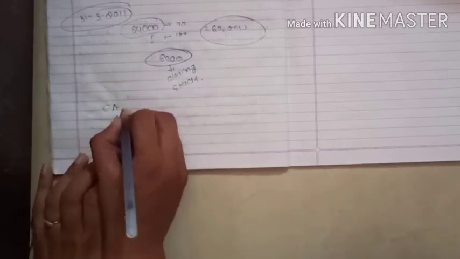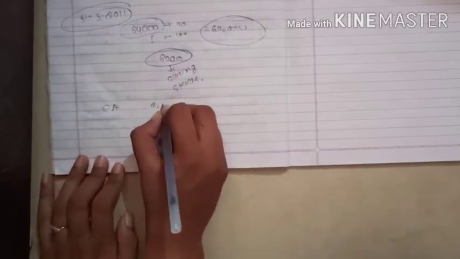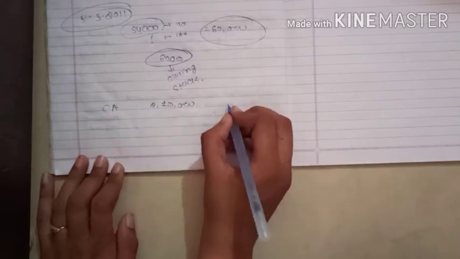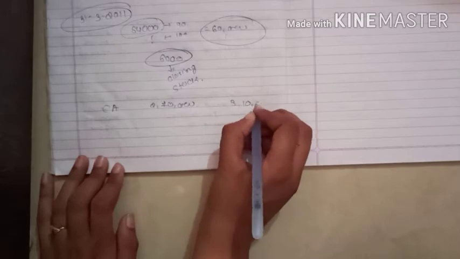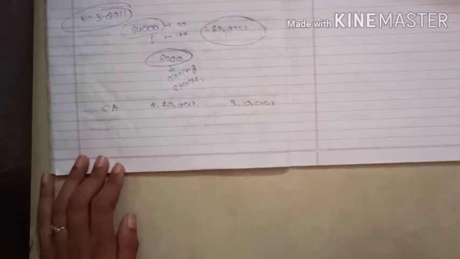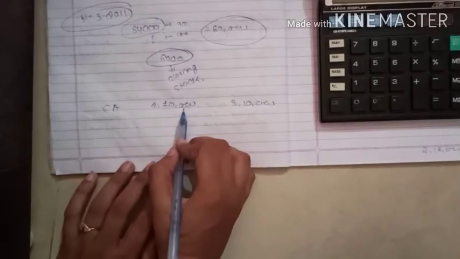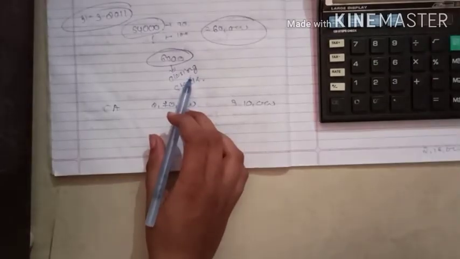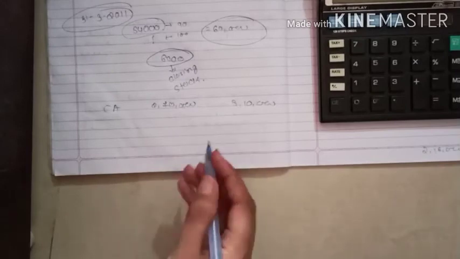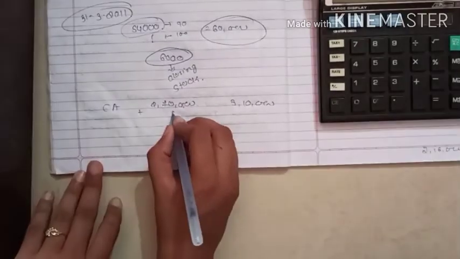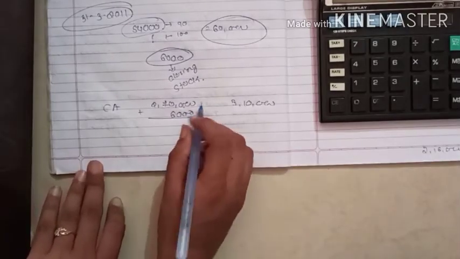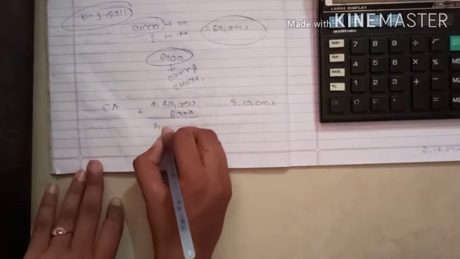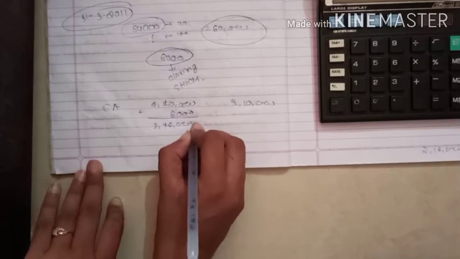So current asset opening balance is 2,70,000 and closing balance is 3,10,000. In the opening year the 6,000 amount was missing just because we placed the 10% less. So we are going to add the 6,000 rupees closing stock value that we have not affected in the opening stock. So it will come 2,76,000, the original value.